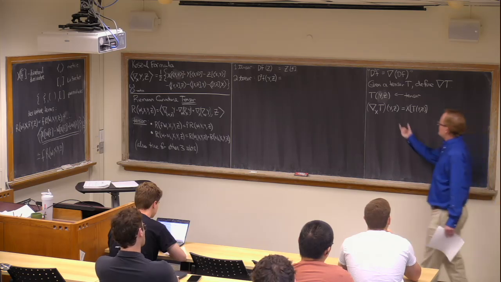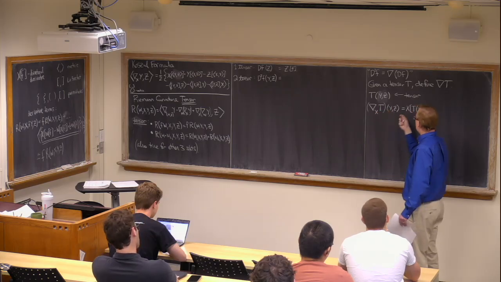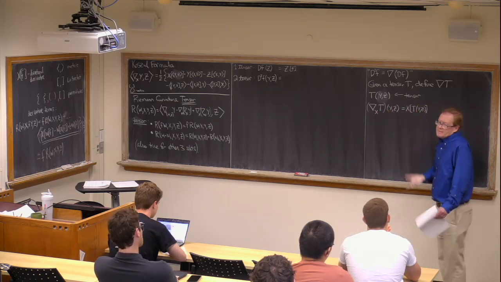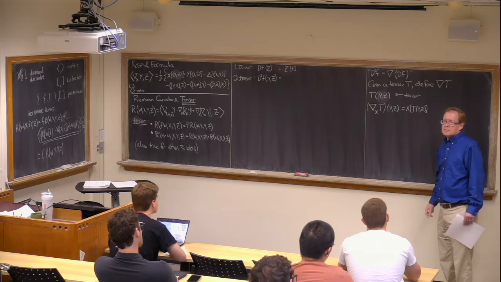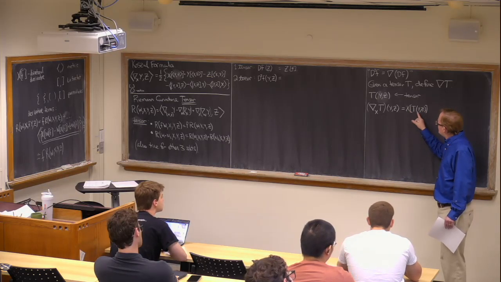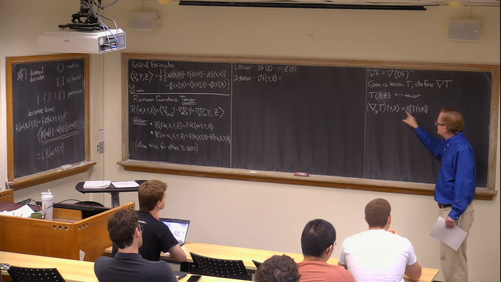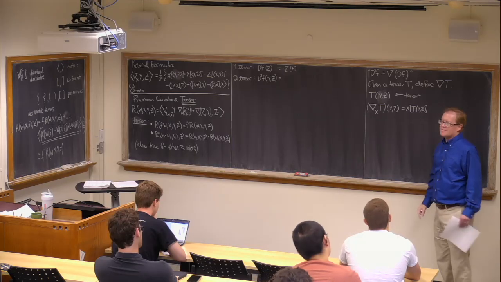When you plug in y and z into this 2 tensor, you're supposed to get a number out. Well, I could do that. It's a real number at each point. But then you look at this and say, wait a second, doesn't this depend on y and z? It seems like this depends on the derivatives of y and z, not just the values of y and z. And in fact, it does. And it turns out this is not even a tensor.